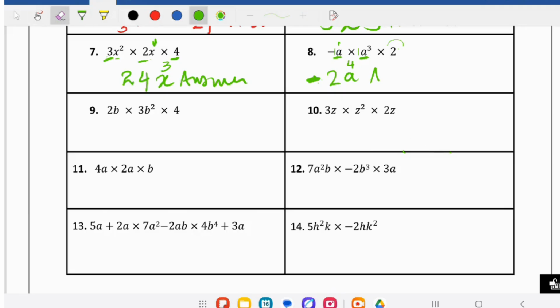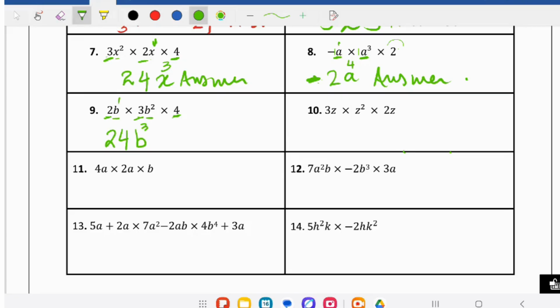I'm going to fix this one first. Now over here, I have got the coefficients 2, 3 and just 4 by itself. So 4 times 3 is 12. 12 times 2 is 24. 24, and b, the same, so I'm going to add their powers.